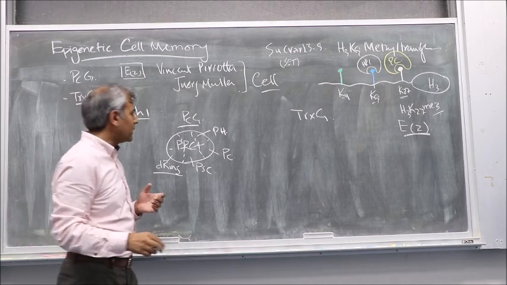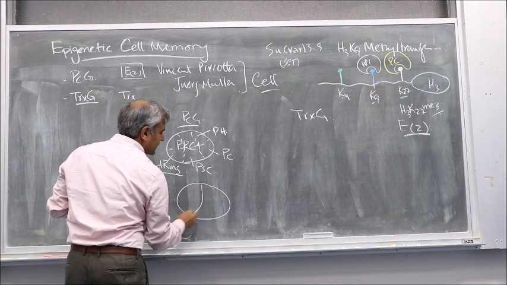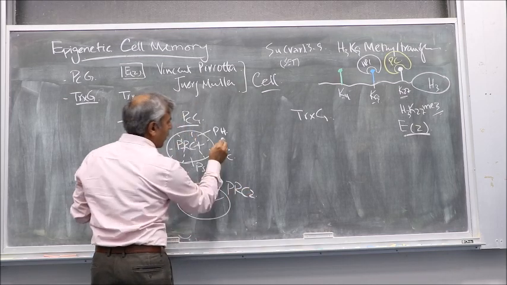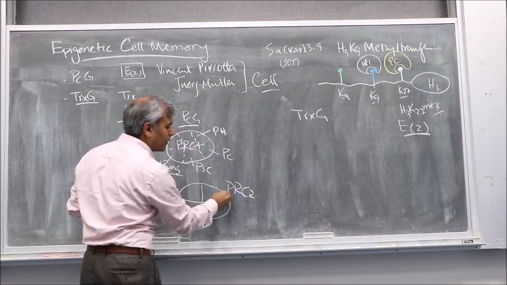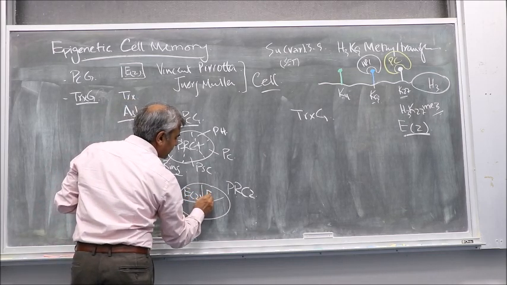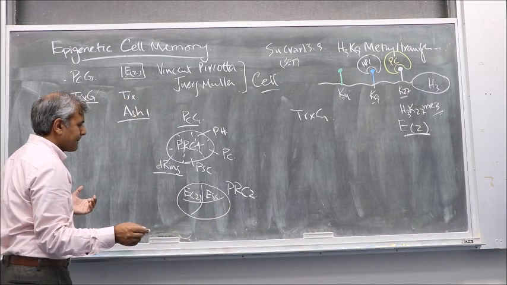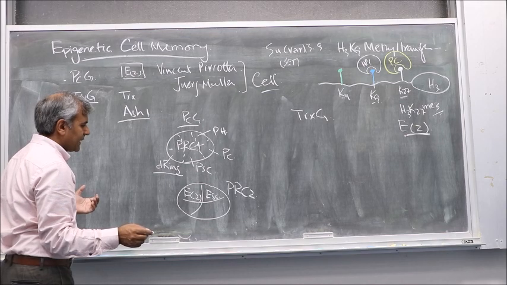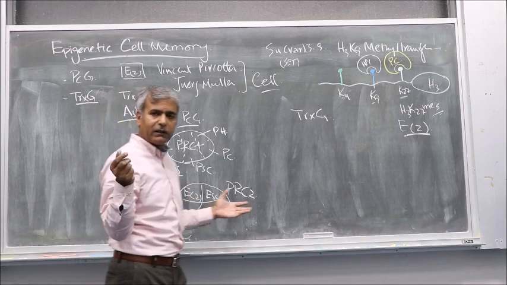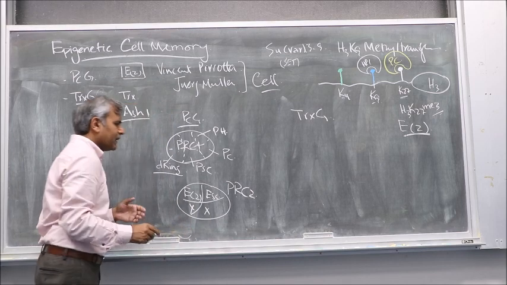This is PRC1. And the other complex is called PRC2. Polycomb repressive complex 1, Polycomb repressive complex 2. And it contains enhancer of zeste, extra sex combs, and I forgot the name of another protein there. There are other members as well, let's say X and Y.